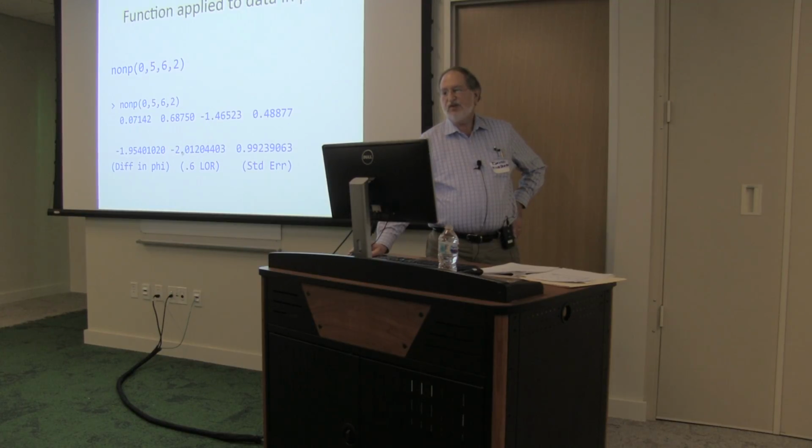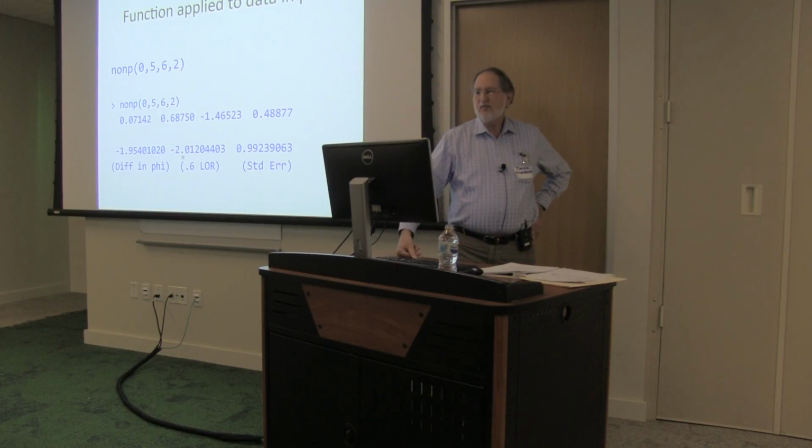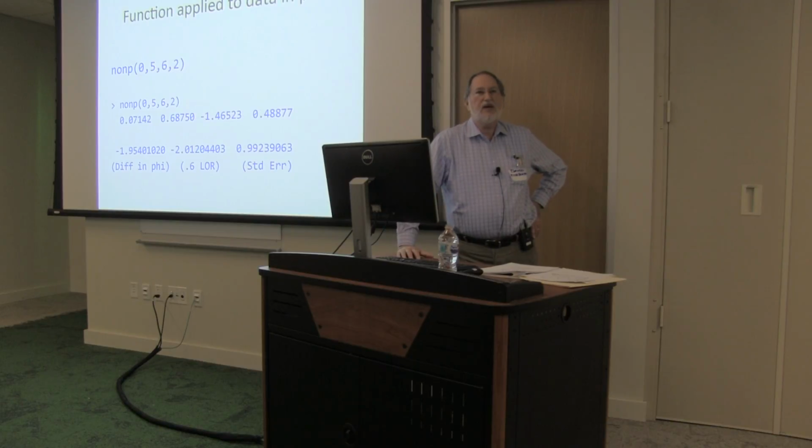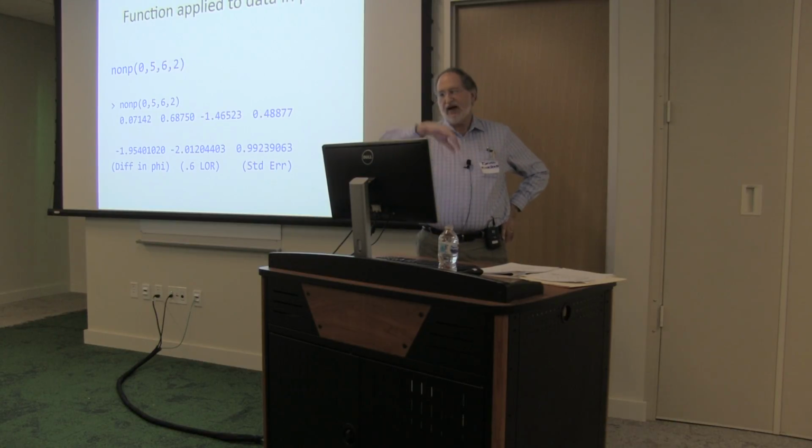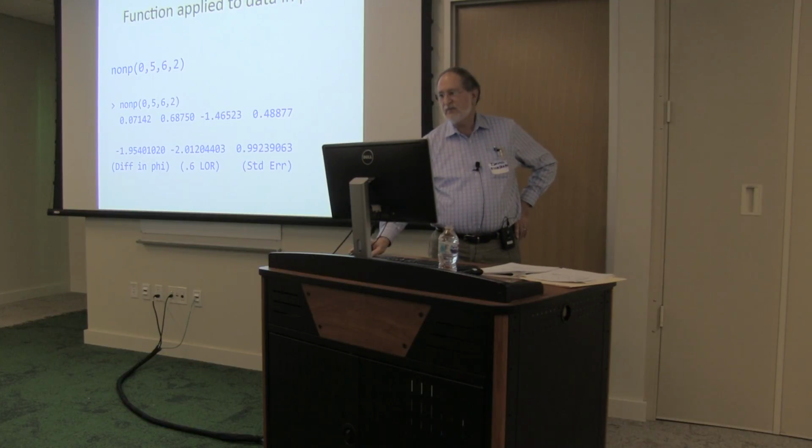I put these two next to each other to show that my simple method is about the same as the more complicated method, where you have to find the area under the curve, and that I can get a standard error for that.